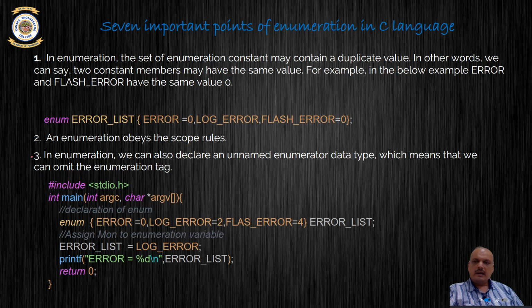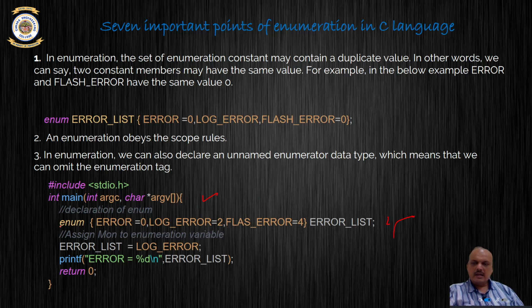The third point that one has to note is an enumerator can be unnamed as well. Okay, so you can skip the enumerator tag and still have an instance of it as given out here in this code snippet. So here I have the main program and here there is a declaration as well as instantiation of the enumerator data type.